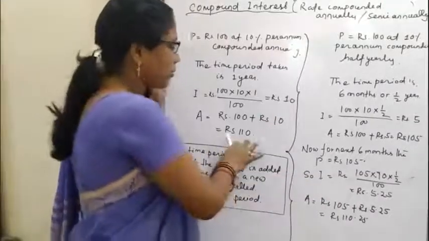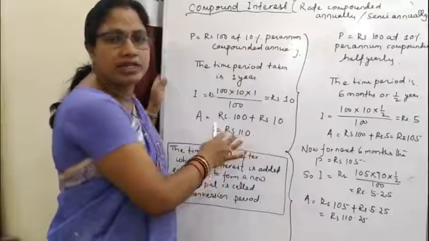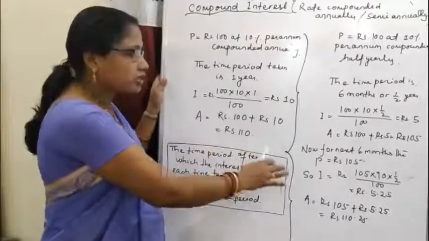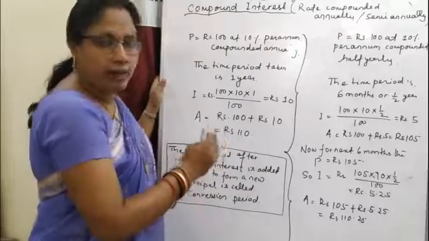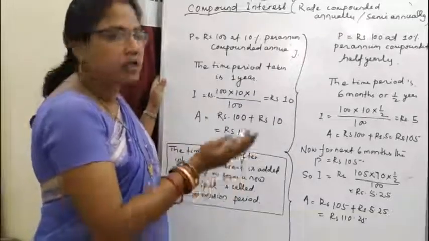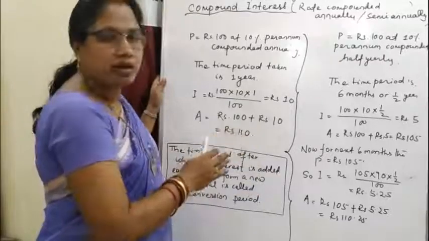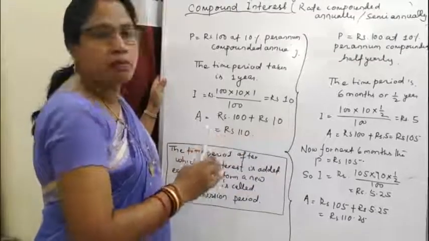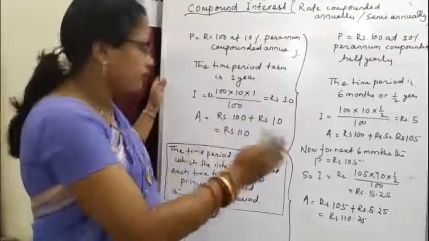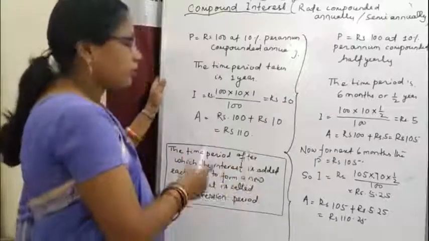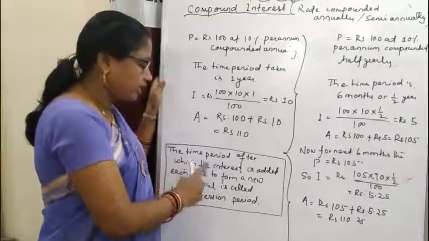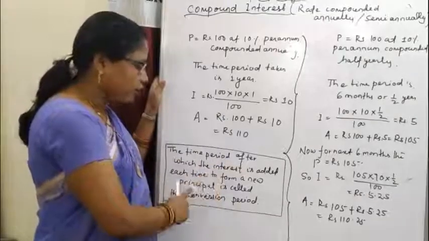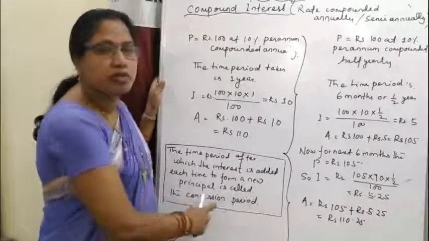Here this is the amount if the interest is calculated annually. So this is the difference in how to find the amount or compound interest if the question says the rate of interest is compounded annually or semi-annually. You have to remember the time period after which the interest is added each time to form a new principal is called the conversion period.